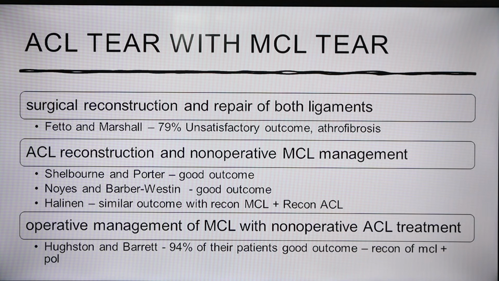And what about ACL with MCL tear? Let's look into the evidence. So Fetto is a sports surgeon, so he has an interest in MCL, and he performed research on surgical reconstruction and repair of both ligaments, ACL and MCL, and they found that there is a 79% unsatisfactory outcome because of arthrofibrosis.